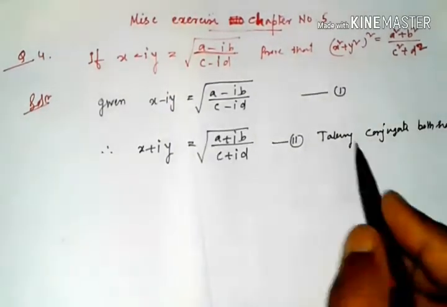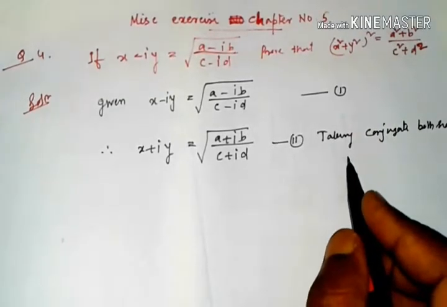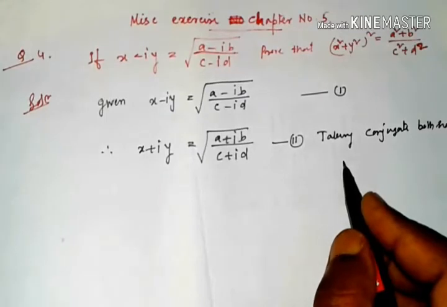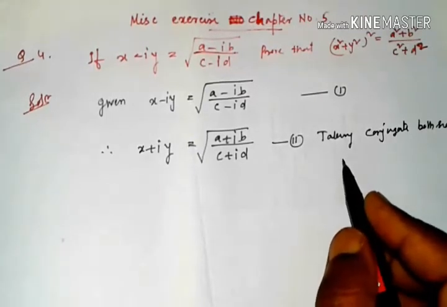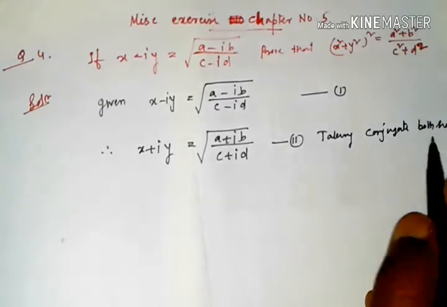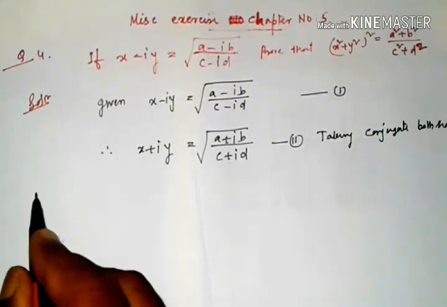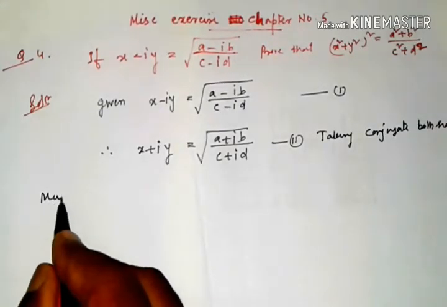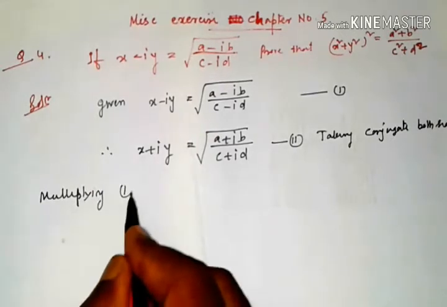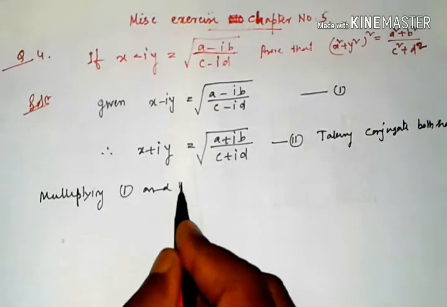Because we know that if a plus ib is equal to x plus iy, then a minus ib is equal to x minus iy. Taking conjugate both sides. Now multiplying 1 and 2.